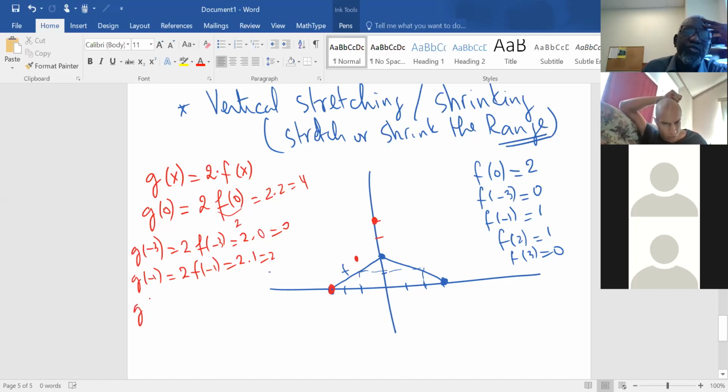What is g of 2? It is 2 times f of 2, which is 2 times 1, which is 2, right? G of 2 is 2. And g of 3 is 2 times f of 3, which is 2 times 0, which is 0, right? So what is my new graph? My new graph looks like this.